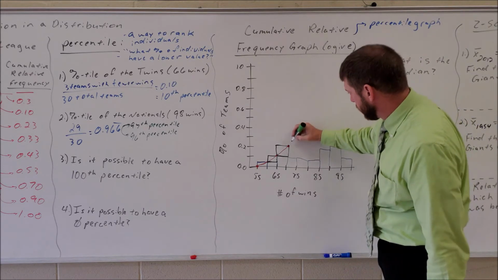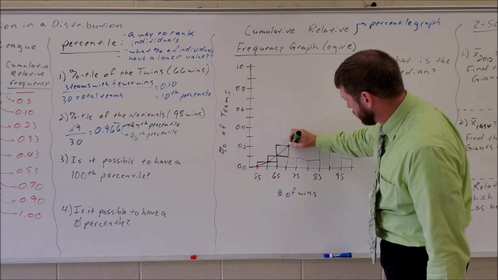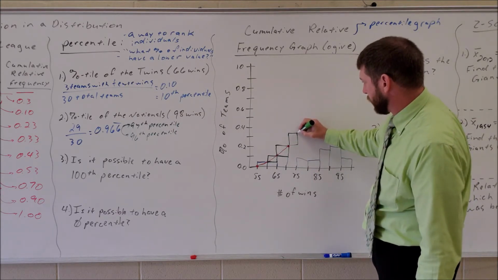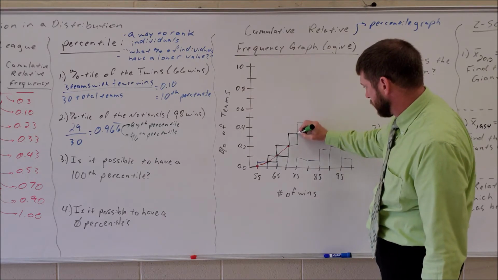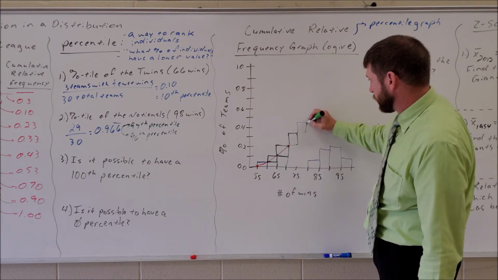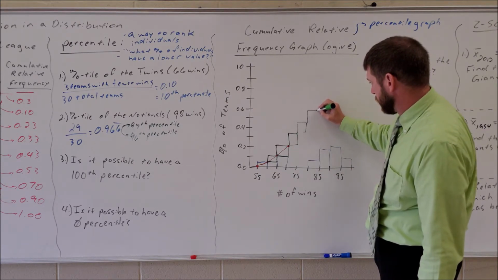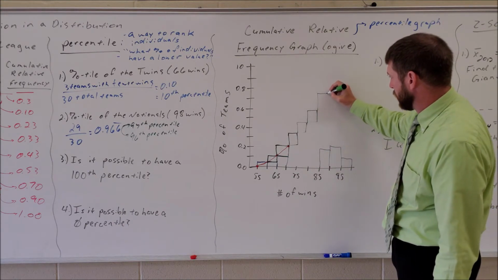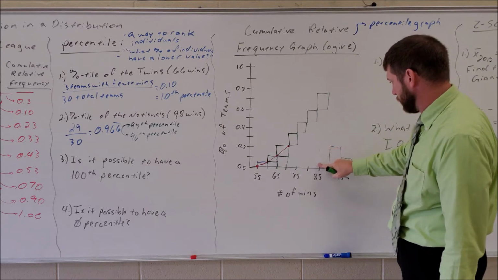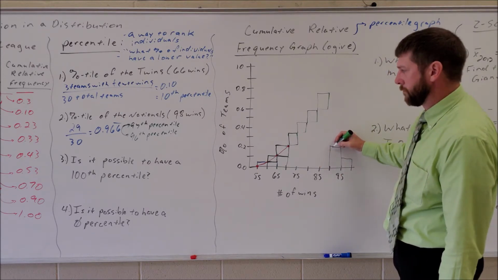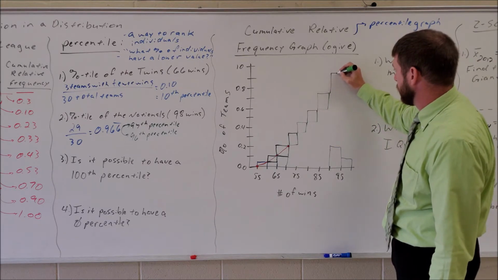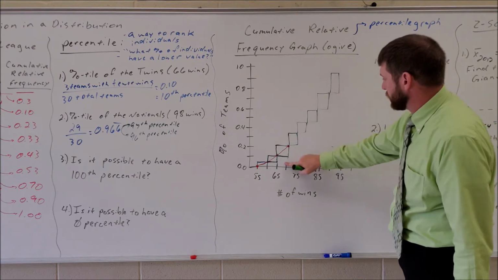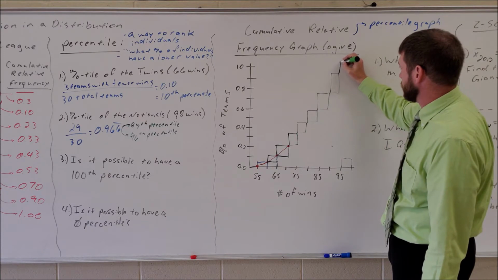So then you're going to add a 10% bar, you're going to add another 10% bar, another 10% bar, a 17% bar, a 20% bar, and then a 90% bar. Or sorry, a final 10% bar to that 90%.